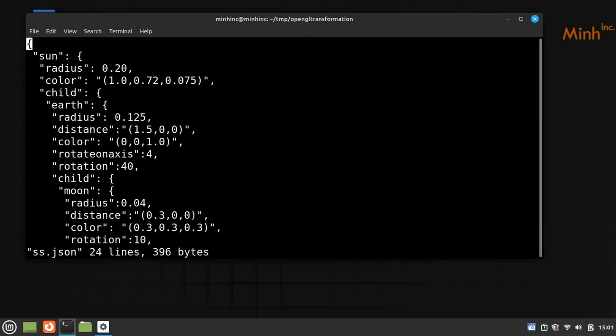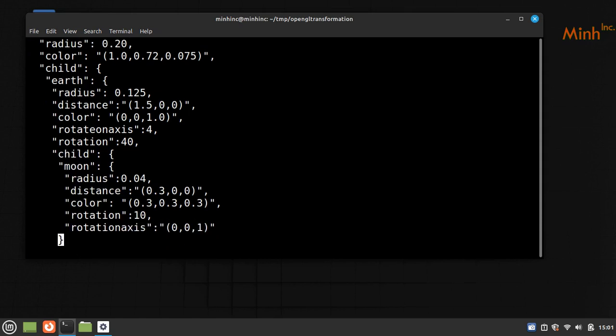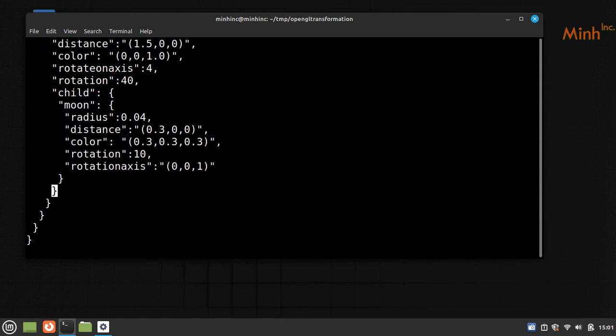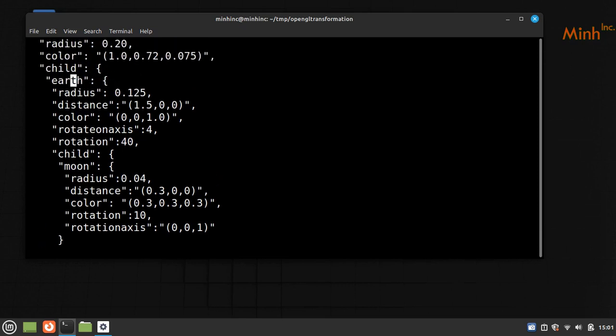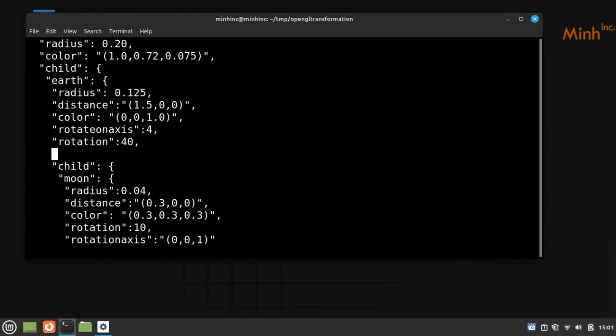We'll open ss.json, and we need distance, color, rotation on its own axis. Okay, distance, color. So rotation axis of the moon is 0, 0, 1. So rotation axis we will add. Now rotation axis is required.